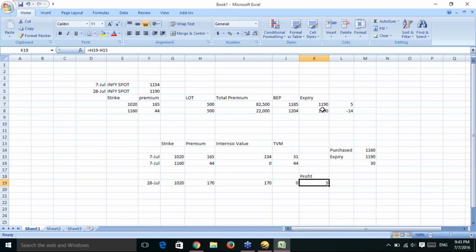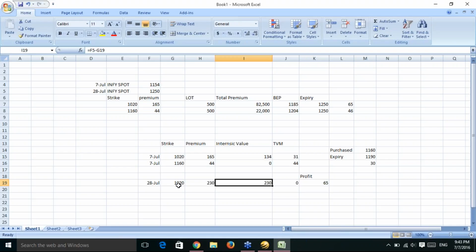If the price goes much higher, let's say the price goes to 1250, in that situation your profit will become 65. Why? The intrinsic value will be 230. Why? Because the Infosys spot went to 1250 and you bought at 1020, so the difference is how much? 230. So 230 is the intrinsic value.